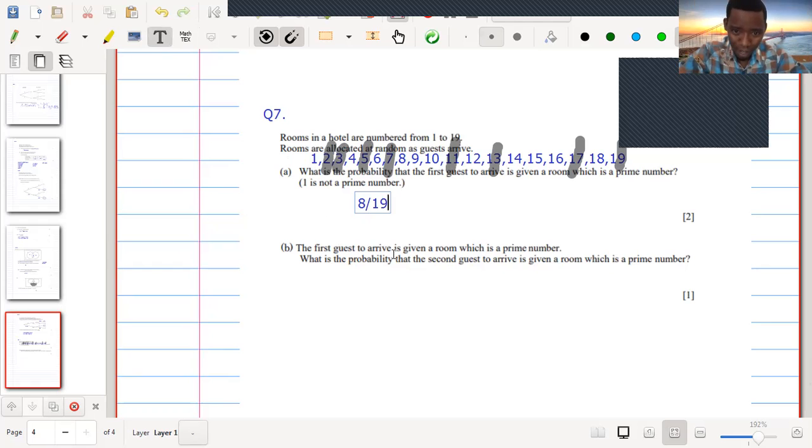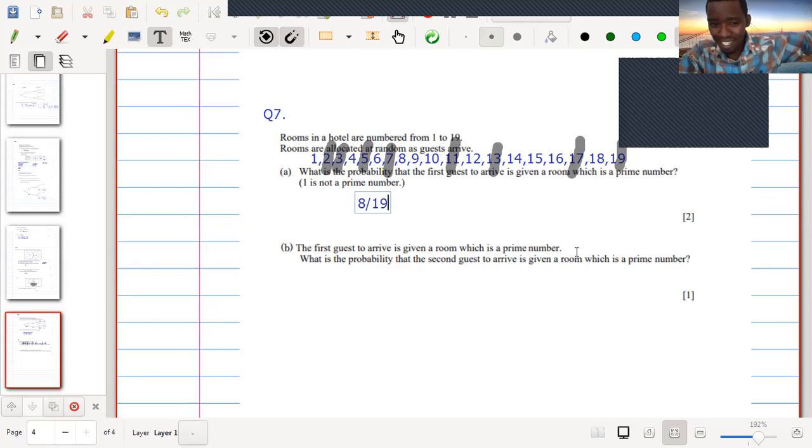The first guest to arrive is given a room which is a prime number. That means a guest is there, now it has a room, and the room is a prime number. So how many prime numbers do we remain with? Remember, there were 8 rooms with prime numbers, and one room is already occupied with a guest.